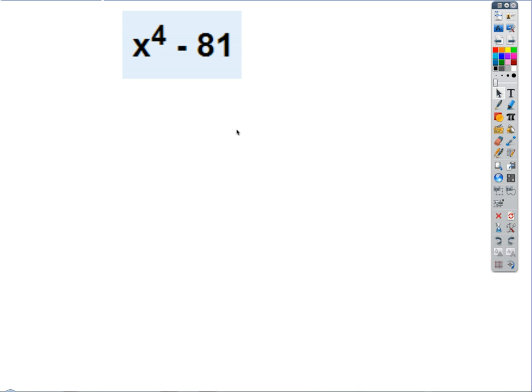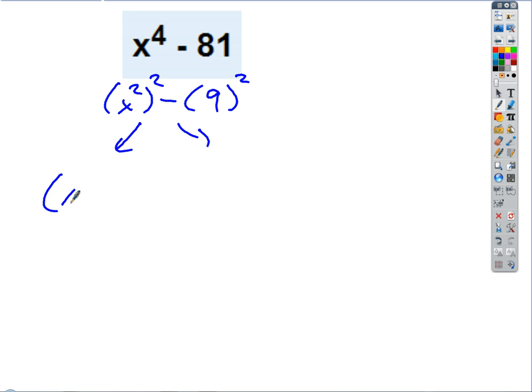Difference of squares, good. So I've gotta break this down into something squared minus something squared. What's the first something? x. Okay, x squared and 9 squared. That's just that simple difference of squares pattern. So that one breaks up into x squared plus 9 times x squared minus 9, right? What we just did.